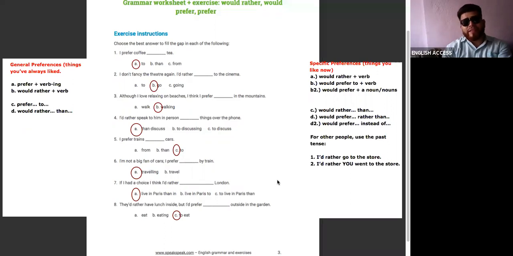Stuff like would rather and prefer are mistakes that even native speakers make. If you listen to a song, maybe they're not going to say it correctly. So you can't learn it by consuming English, because if you try to do that, you're going to learn it the wrong way.